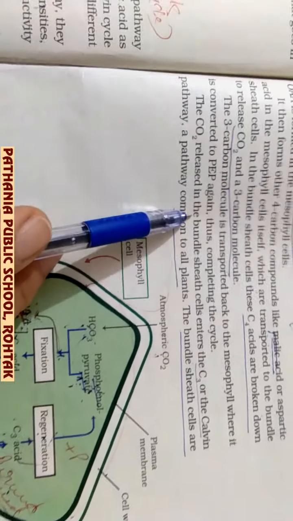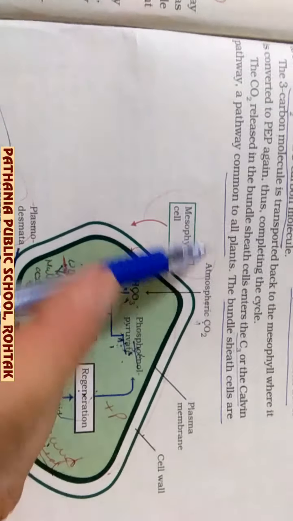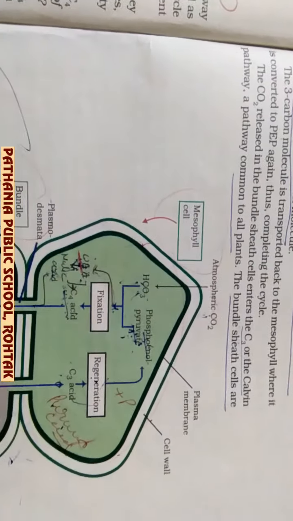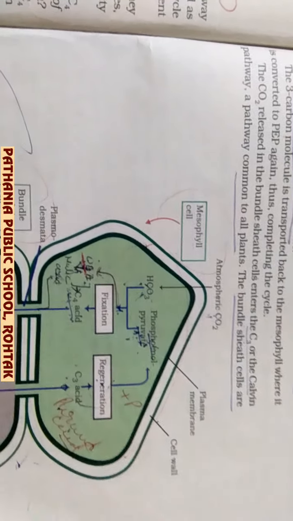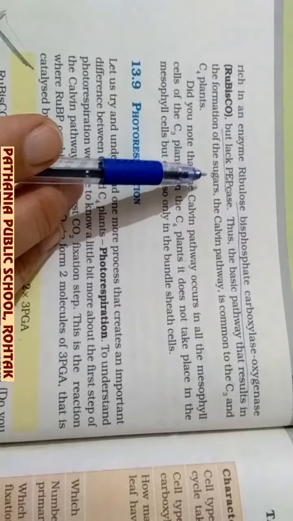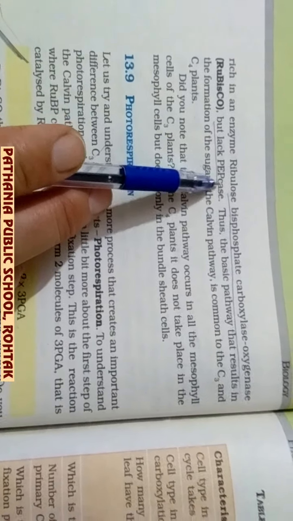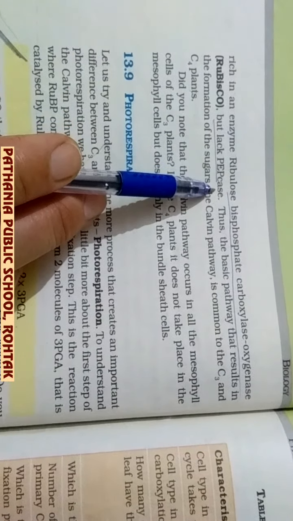Carbon dioxide released in the bundle sheath enters the C3 cycle. As I have told you, this carbon dioxide will now enter the C3 cycle, and the pathway is common. The C3 pathway is common in both C3 and C4 plants. Bundle sheath cells are rich in the enzyme Rubisco, so the Rubisco enzyme is present here, but PEP carboxylase is not.